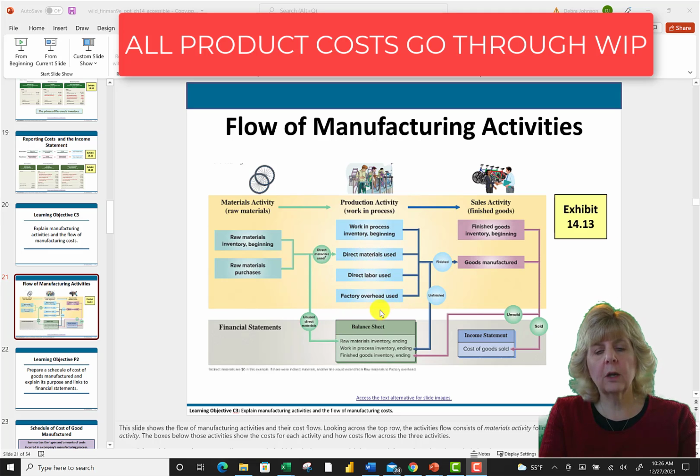And when the factory overhead is utilized in the production of making those goods, in this chapter you're going to see 100% of the overhead charged out to WIP. In future chapters, overhead will become a little bit more difficult, but for this basic foundational building block of a chapter, we're going to assume, and your author's going to assume, that all the factory overheads accumulate in this dummy account called factory overhead and eventually are transferred out to the work in process.